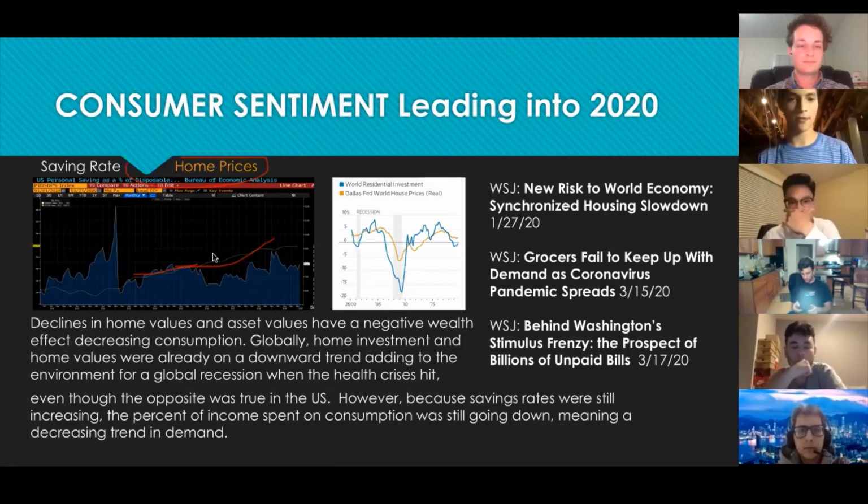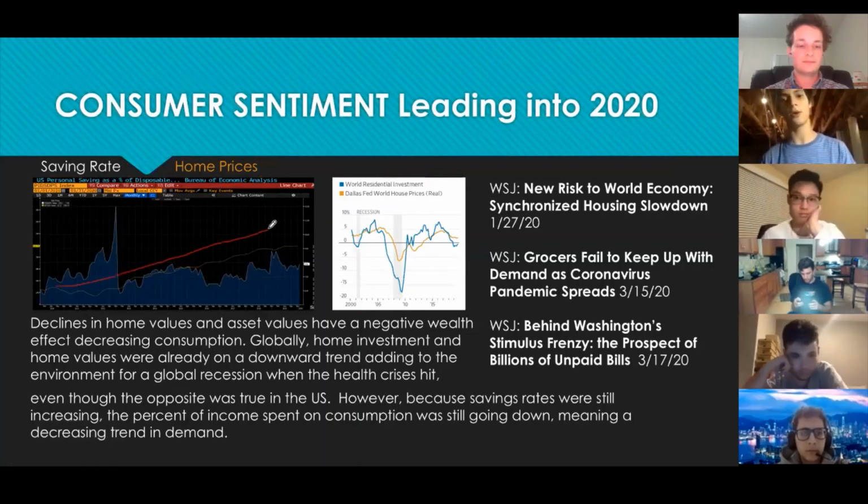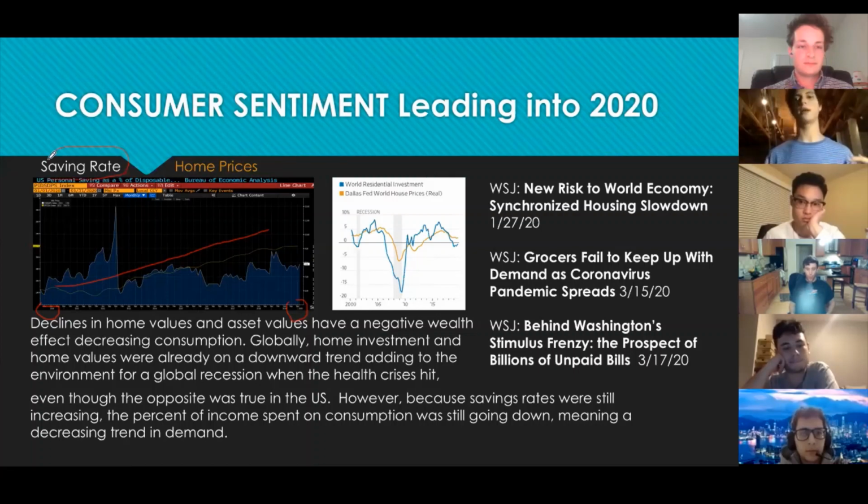But fortunately, the consumer in the U.S. actually looked like it was doing pretty well going into 2020. Again, most of these charts, you don't see the dates. They're 2010 to 2020. That's the time range. So home prices were increasing, yet this blue line, which is the savings rate, the proportion of income that consumers are saving and not spending, the rest of it is what they're spending.